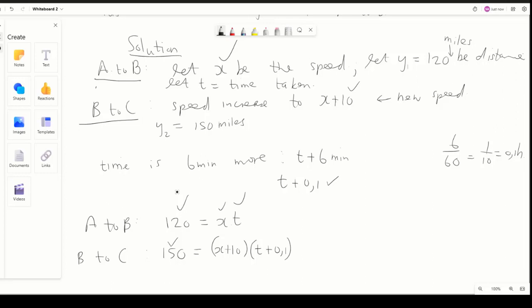But now it drives 10 miles per hour faster. The speed increased by 10, so the new speed is X plus 10, right? And the time it took now is 6 minutes more, which is 0.1 hour. So it's the time taken between A and B plus 0.1 hours. There it is.